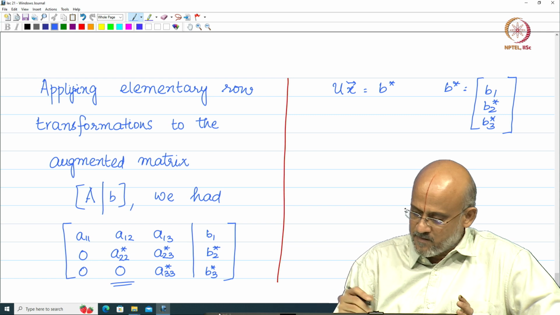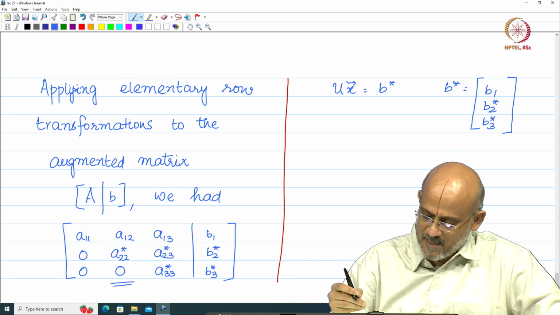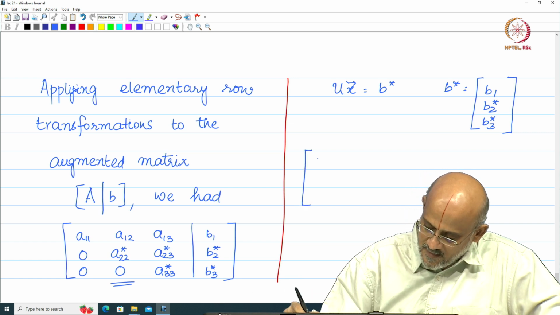That means, if you do a column to column comparison of this matrix A with that of U, we can see that, let me rewrite this matrix A here for convenience.